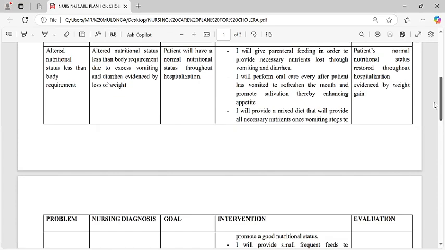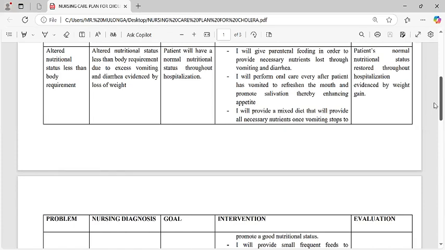And remember, in Cholera, there is also weight loss. So weight loss signifies that this patient is losing a lot of nutrients. They can lose them through vomiting and diarrhea, and they can also lose these nutrients through increased metabolic rate or reactions. So therefore, our problem is altered nutritional status, less than body requirements.